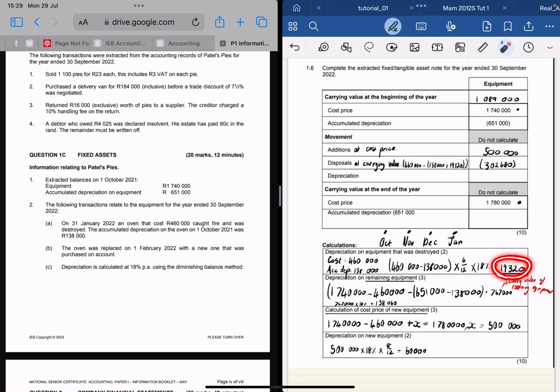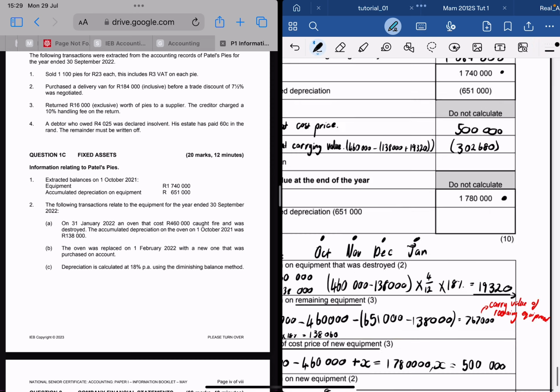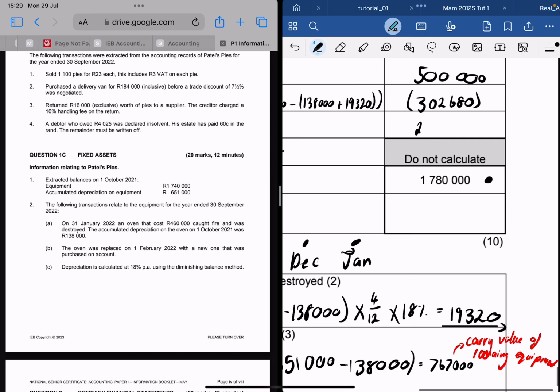The 1932 plus the 138060 plus the 60,000, right? Then we get a depreciation figure of 217,380, sorry.